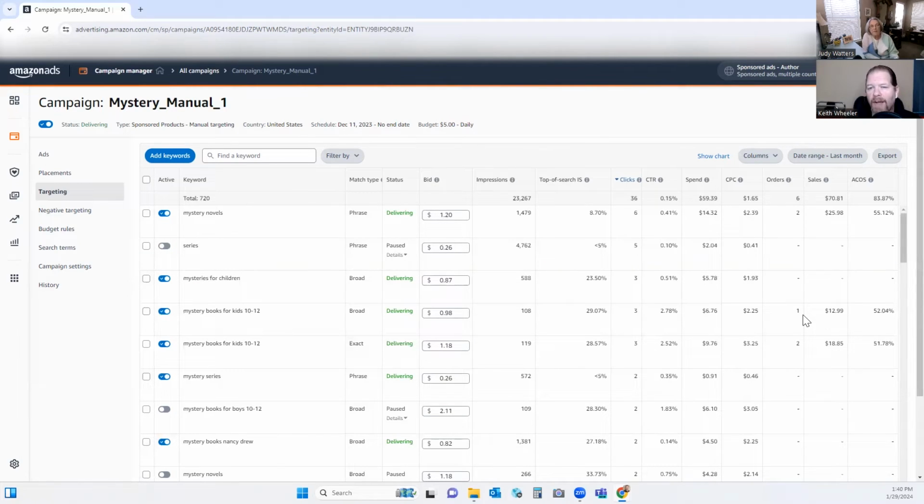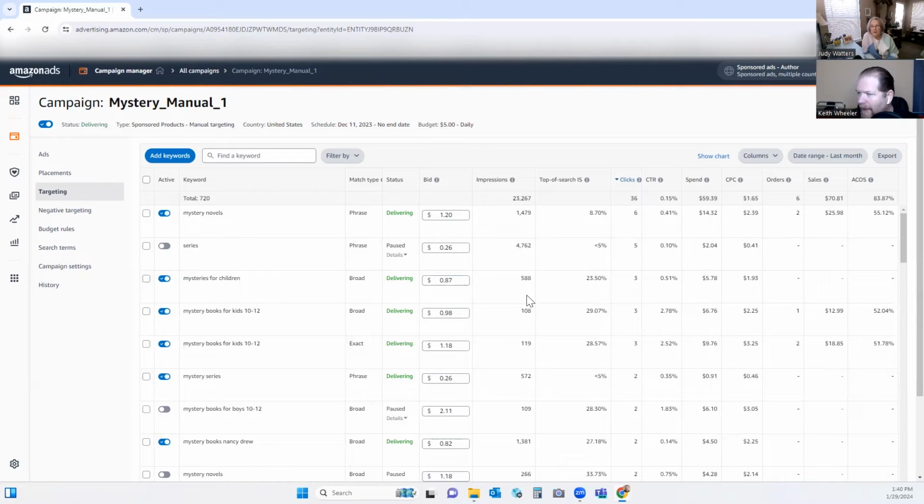So maybe go to Publisher Rocket, or just go on to Amazon in incognito mode and type in mystery novels and see what else pops up. Since you know that mystery novels is doing well for you and turning into sales, see what other keywords are popping up as well.